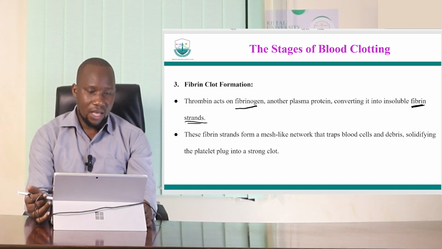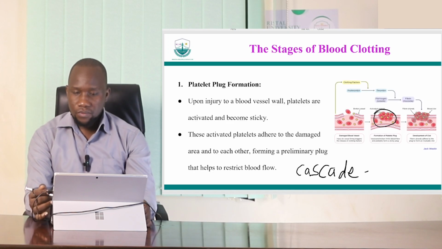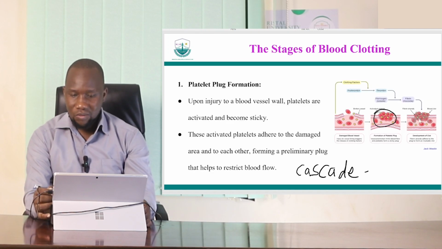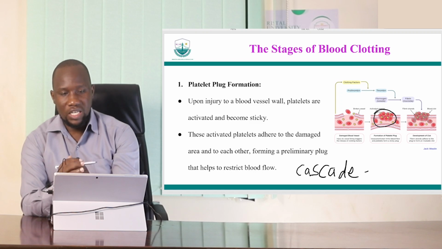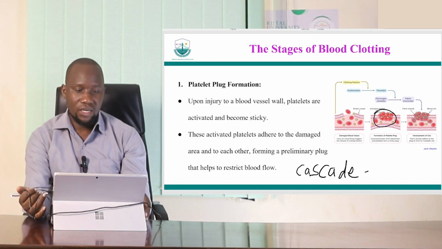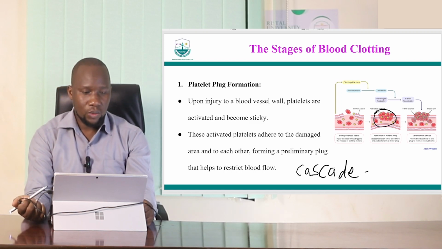Therefore, just come back to our image here. You can see that there are some of these fibers. Here are the ones we are calling the fibrin strands that form a kind of a mesh network that entangles around these blood cells, forming a very strong blood clot.